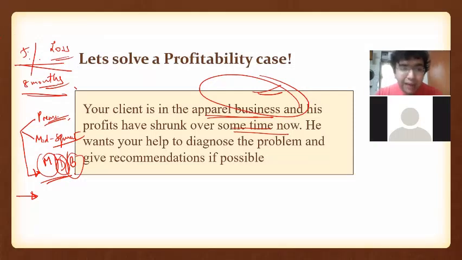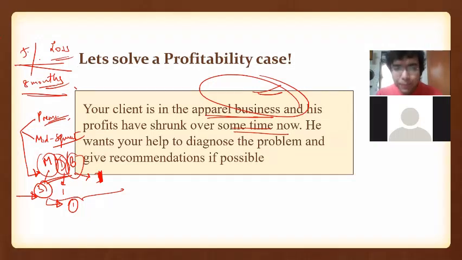And they have 3 stores in Mumbai, 1 in Delhi, and 1 in Bangalore. And out of the 3 in Mumbai, it's only one of them which is facing a problem. The other 4 stores seem to be doing just fine.